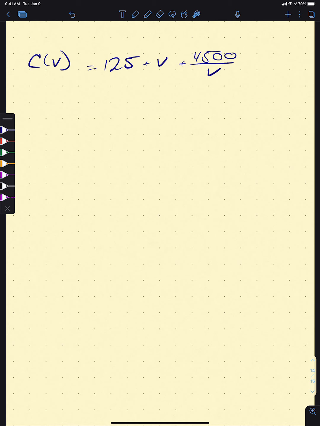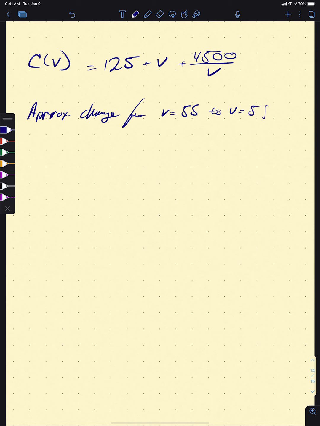So if we want to approximate the change from v equals, say, 55 to v equals 58, again, here's kind of how we want to think about doing that, right? We can set delta v, or dv, whichever you prefer. In this instance, they're equal, right, to 3.